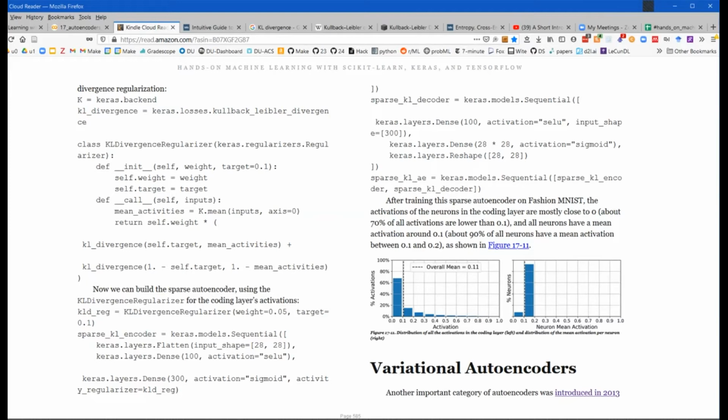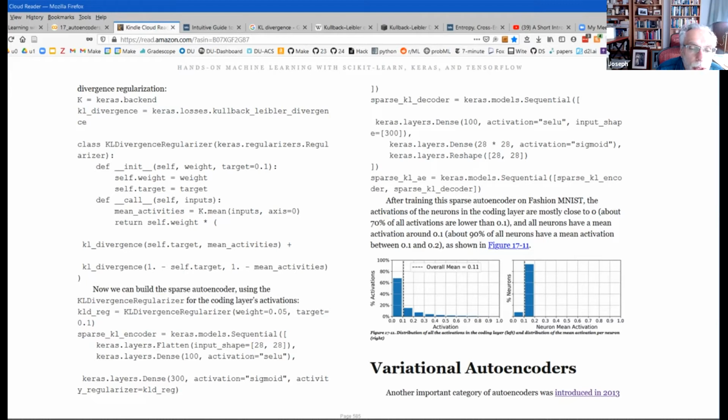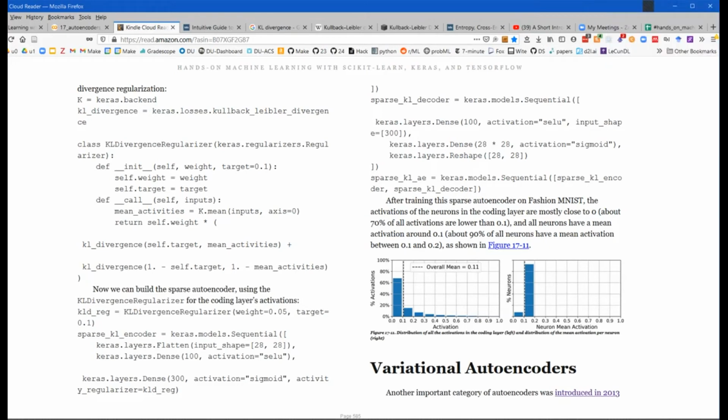Okay, now let's look at the right-hand graph, which says we're plotting the distribution of the mean activation per neuron. So he's run the program 2 times, right?